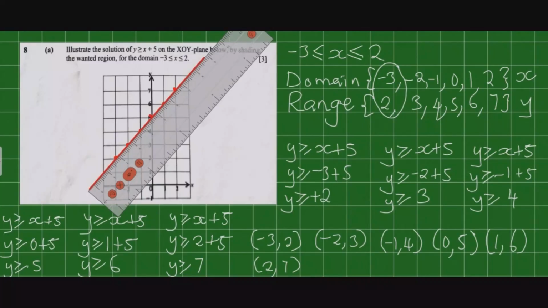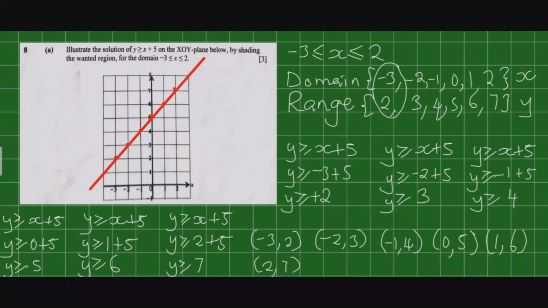Now once we have done this, then we have drawn the line. Now let's go back to the question so that we know the exact area we want to shade. The question is, illustrate the solution of y is greater or equal to x plus 5 on the x-y plane below by shading the wanted region for the domain -3 is less or equal to x, which is less or equal to 2.